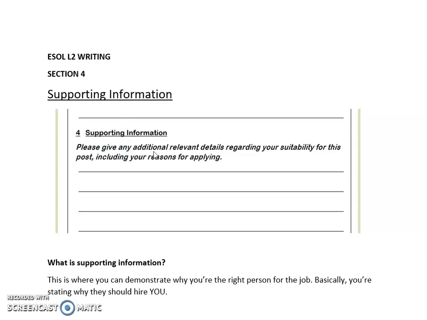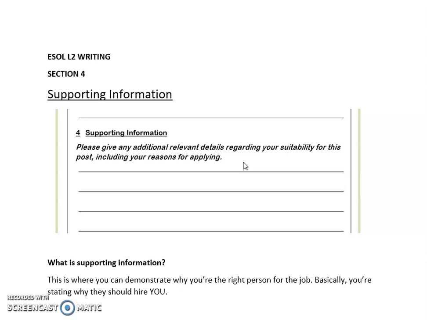Please give any additional relevant details regarding your suitability for this post, including your reasons for applying. So previously in the application form up until now, we've already given our details, our name, surname, email address, etc. We've already listed our qualifications, that means diplomas, certificates, any kind of degrees or anything that we have.